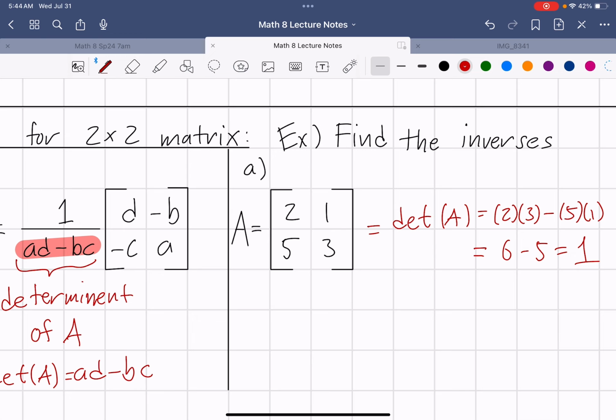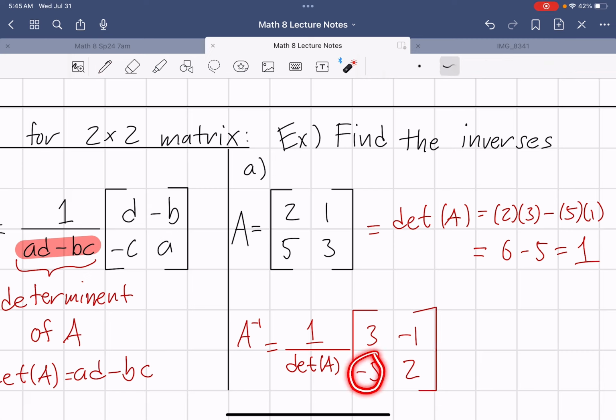So not super exciting, but still, A inverse is going to be equal to 1 over essentially the determinant of A, times changing your diagonal, so that's going to be 3 and 2, and then swapping the signs, so it's going to be negative 5 and negative 1.